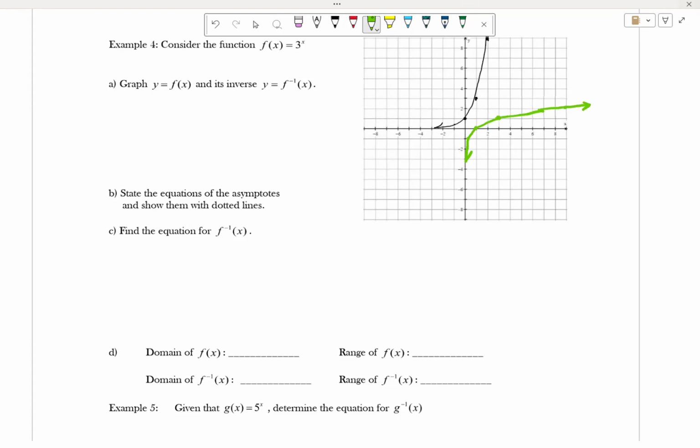We have equations of the asymptotes and show them with dotted lines. Okay. Y equals 0. X equals 0.